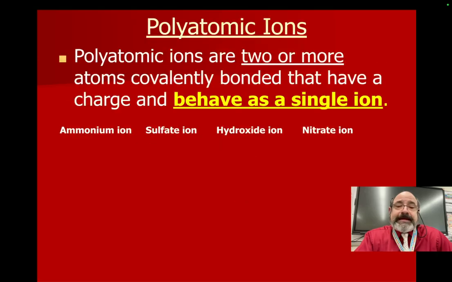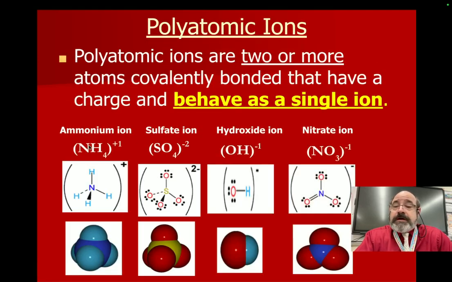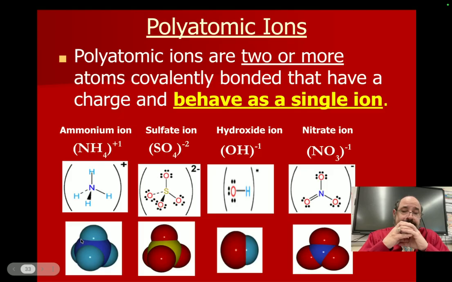So let's take another closer look at these little guys that we just saw before. Ammonium. Here's a Lewis structure. So if you want to draw Lewis structures, you don't have to. But here they are. And here's a space filling model. So you can see that the nitrogen's in the middle and around it are 4 hydrogens. And there they are. And they stick together for now.